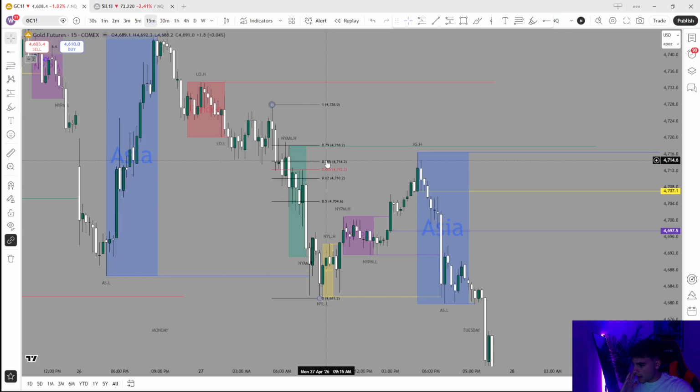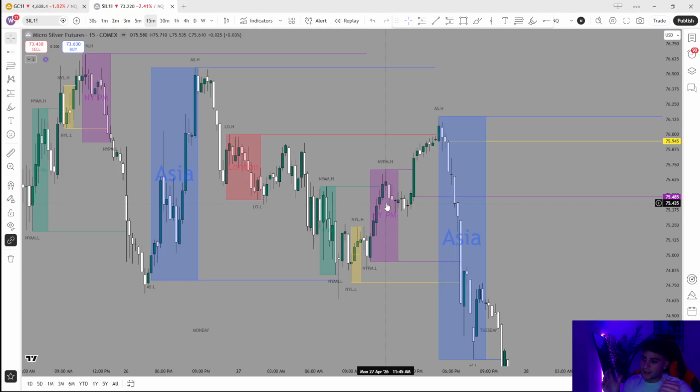So gold's lower. I don't even want to see PM highs get taken, but I'm trading off of this manipulation high, which is our protected high in this case. So again, on silver, what I wanted to see is, I'm not shorting until we get our manipulation off of our True Asia Open. So I want to see silver take London highs, create an SMT, and find a higher time frame level on gold. Let me slow down.